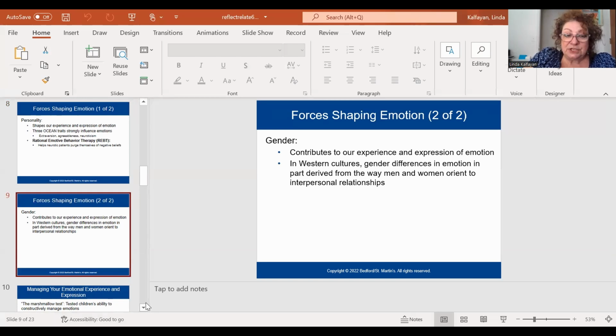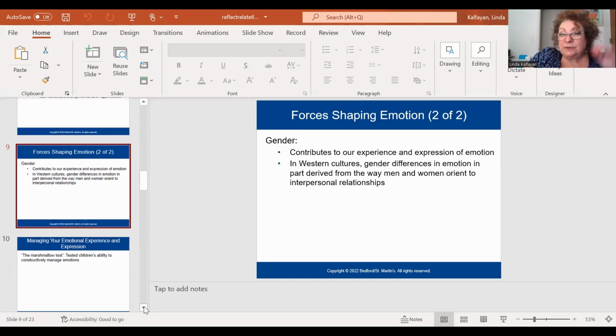So what else shapes our emotions? Gender. In some cultures, the gender difference in emotion partly derives from the way men and women orient interpersonal relationships. So it may be an ought, like women ought to do or feel and then show, compared to some other cultures that do not have gender differences in how to express emotions.